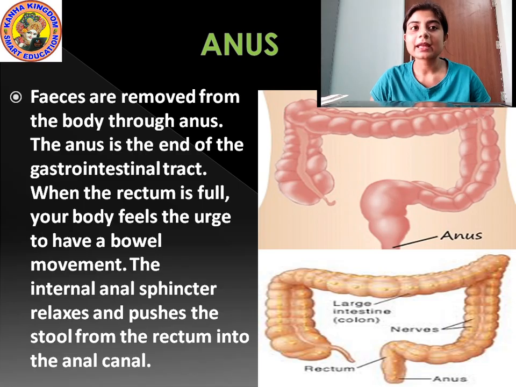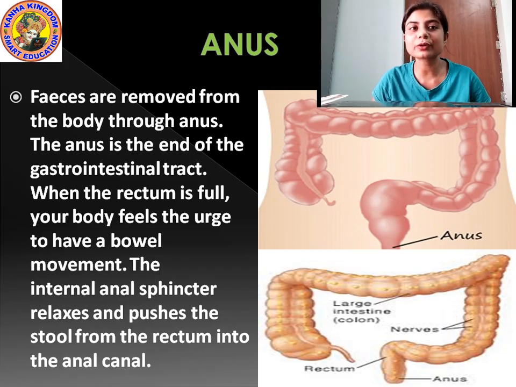The internal sphincter, the rectum, the large intestine, it contracts and it releases. When the food is not digested, it contracts, and then you feel the urge of going to the toilet, and then when the undigested food is excreted, it relaxes.